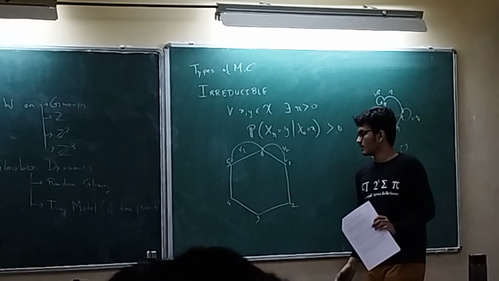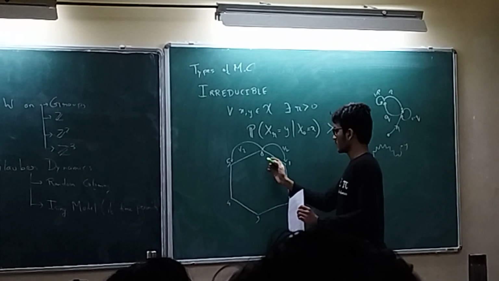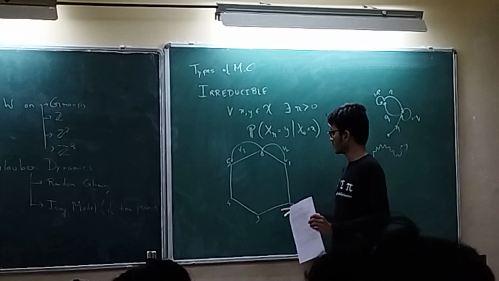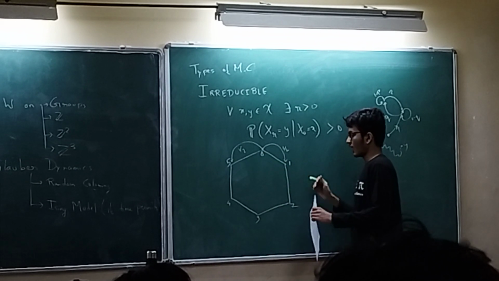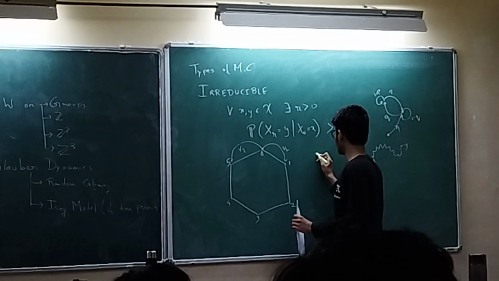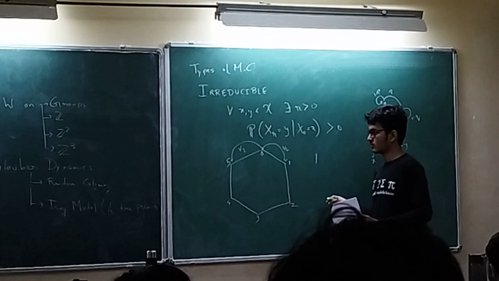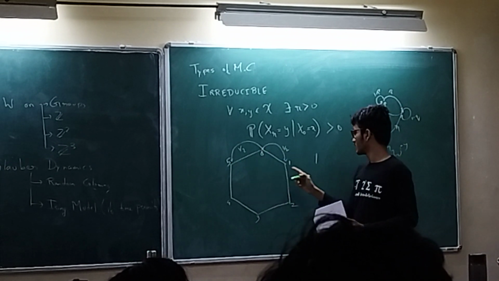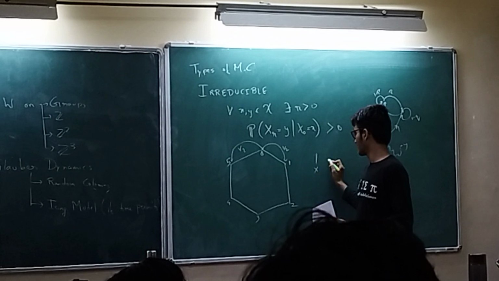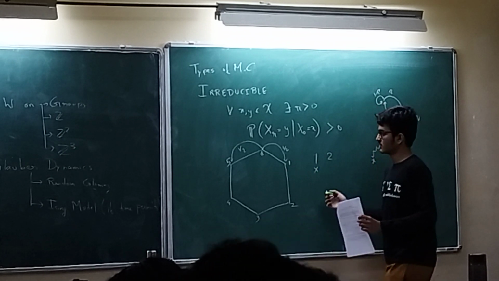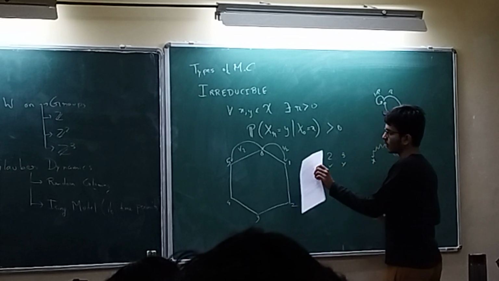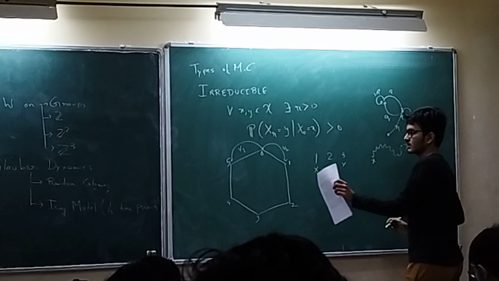But here what happens is, just look at the times when it can actually return to 0. Can it return to 0 in one step? No, because in one step it will either move to 1 or 2. Can it return in 2 steps? Yes, it can. In 3 it cannot. So it can only return in an even number of steps.